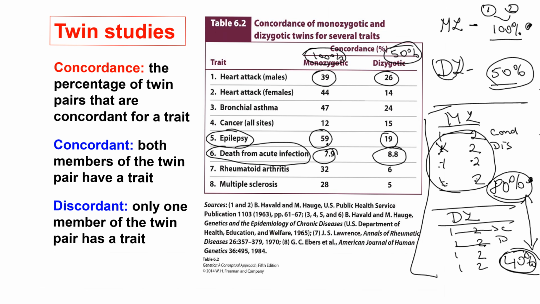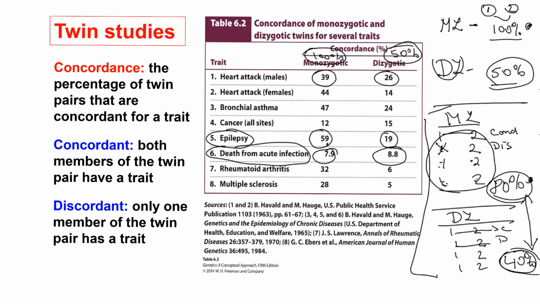So keep in mind, in twin studies, monozygotic twins share 100% of genes, while dizygotic share approximately only 50%. So you have to look at concordance. Concordance means that two twins in one group manifest the same trait.